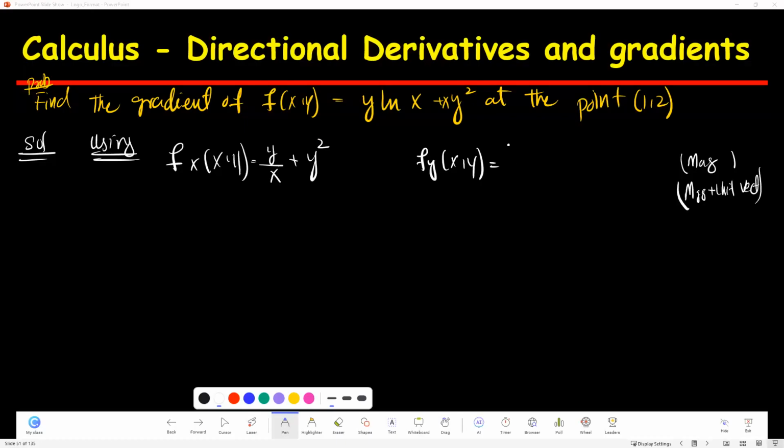This one is with respect to y, so it's going to be ln x plus 2yx, or 2xy. And I'm just writing simply the partial derivatives of these functions.